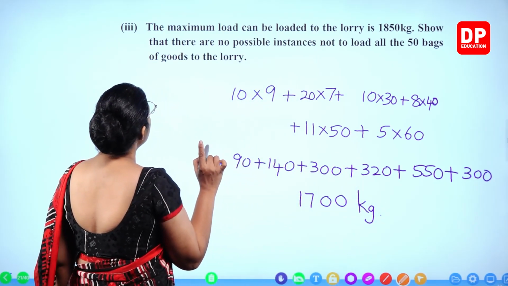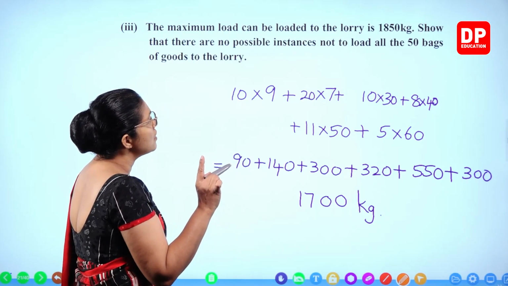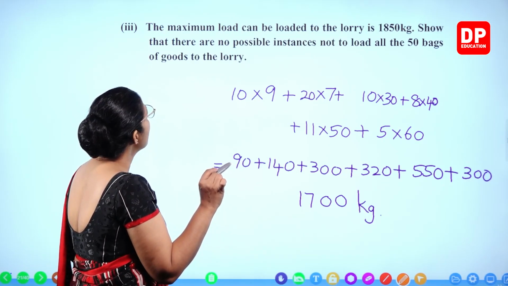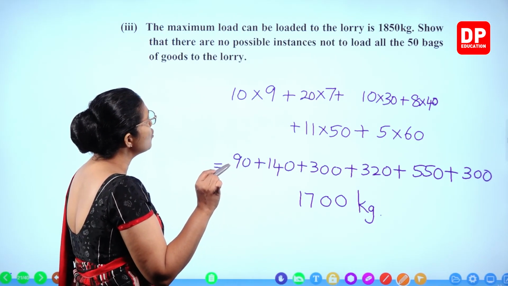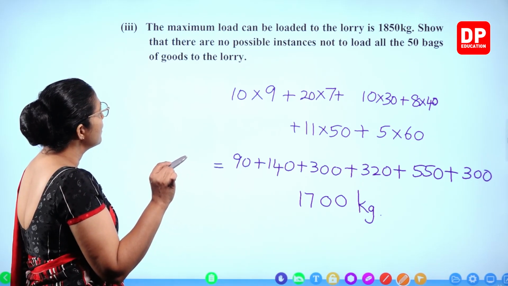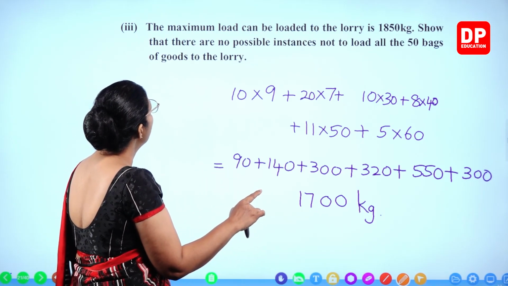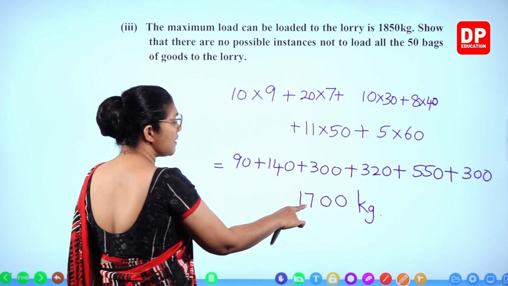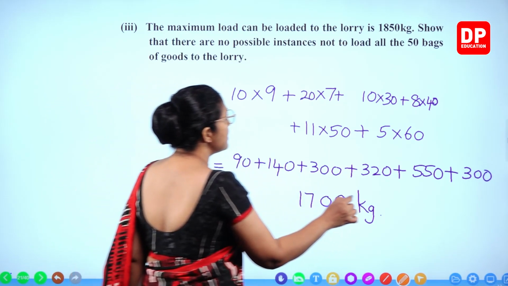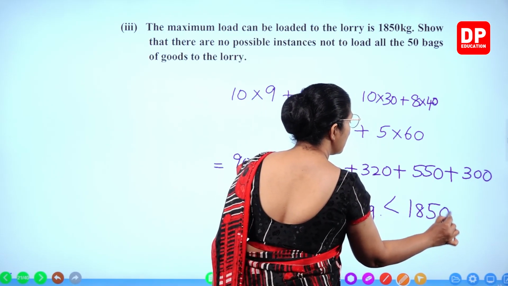Now they are telling the maximum load can be loaded to the lorry is 1850 kilograms. Show that there are no possible instances not to load all the 50 bags of goods to the lorry. So here, this one is 1700. So 1700 means it's less than 1850.